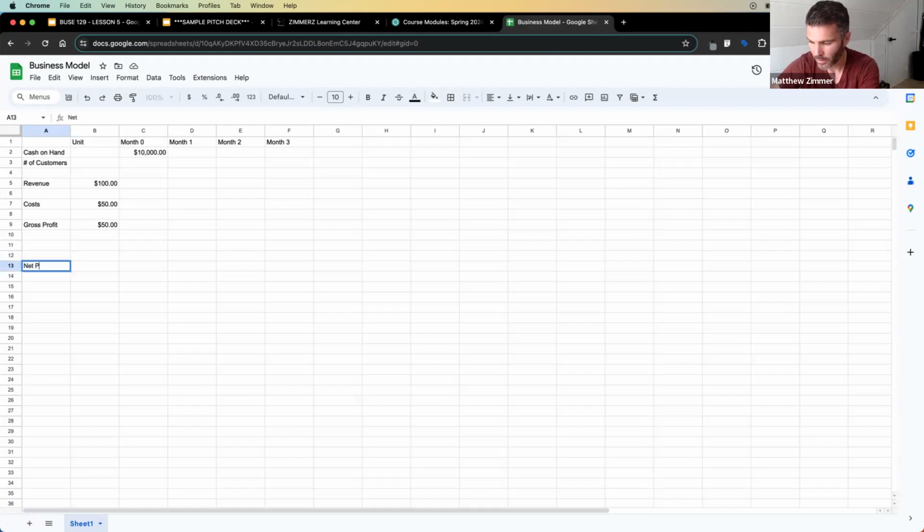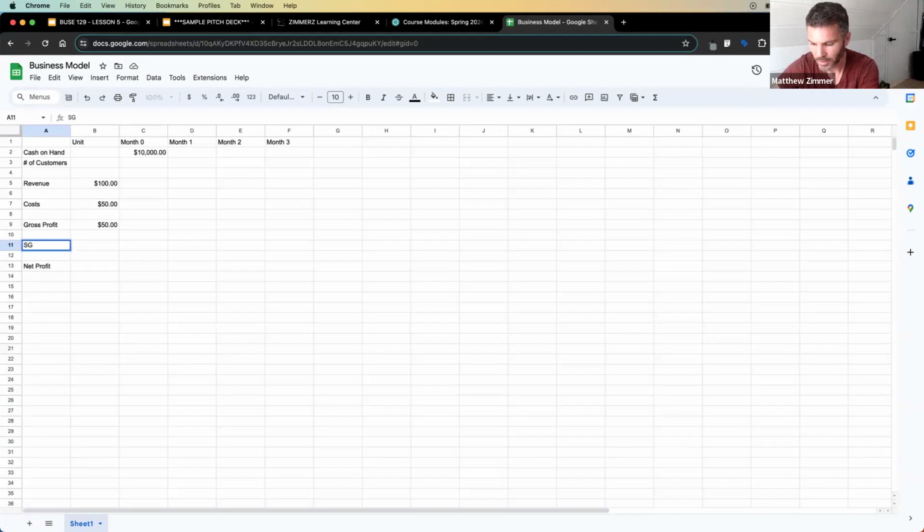So net profit, and what net profit actually is, we're going to have some below the line costs, basically. So we're going to have some costs that we can assume are kind of fixed. So maybe we throw our rent in here, but we're going to have some costs that are not included in our unit economics.